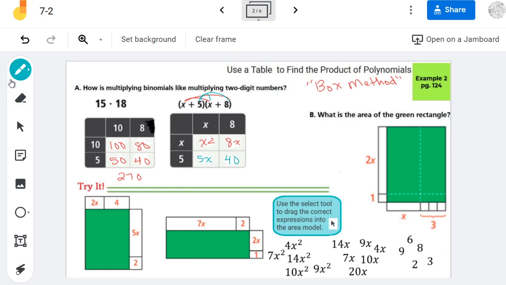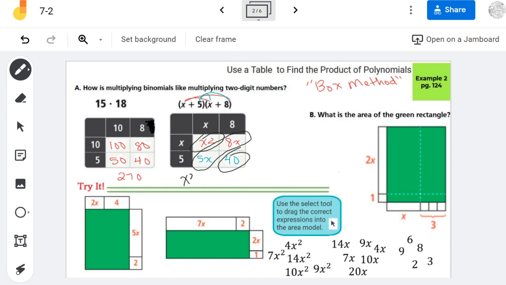So now I can add these together. Now remember, not all of these are like terms, right? I can't combine an x squared and a 5x. That doesn't work. But what's nice about this method is it makes these nice little kind of like striations, if you look at them, of like terms that go across the diagonals.